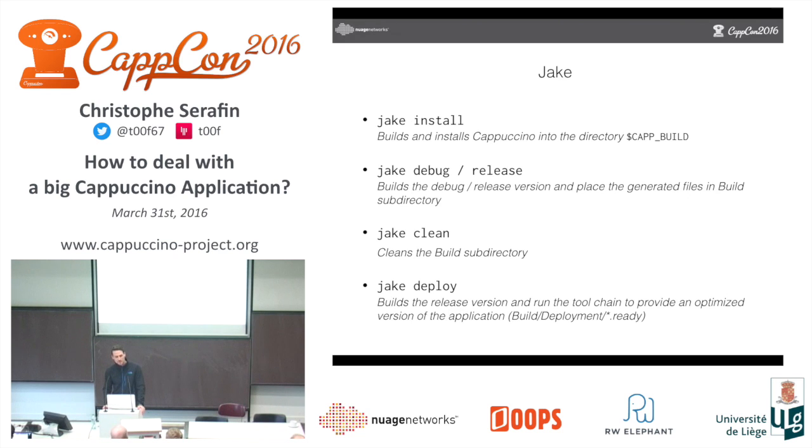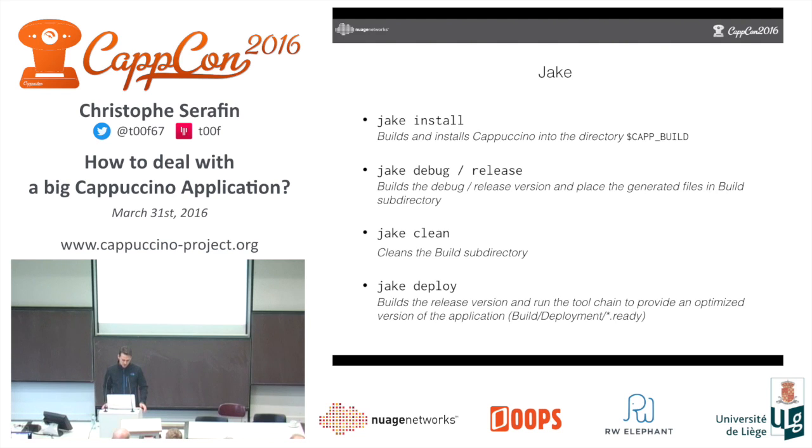So Jake install builds and installs Cappuccino within your CappBuild. Debug and release build the debug version and the release version and place the generated files within the build folder. So you always have the build folder and you will find all those generated files in it. I will show you with the VSD. Jake clean just cleans the build. It's basically an rm -rf.